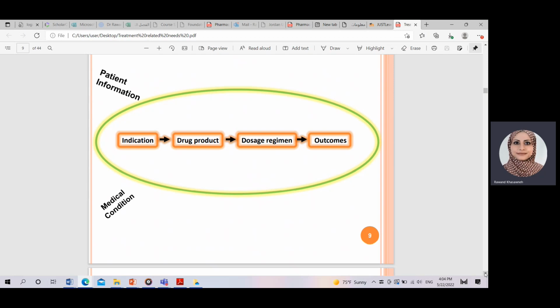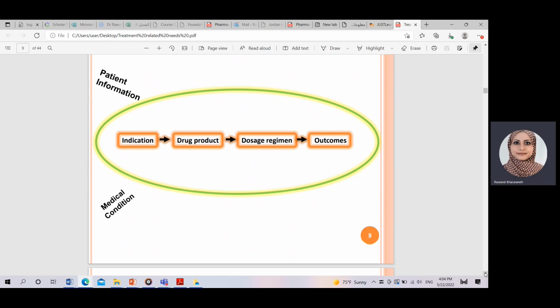You have to review and follow the pharmacotherapy workup for each individual indication and each individual drug product in patients who are using polypharmacy or patients who have multiple comorbid diseases.